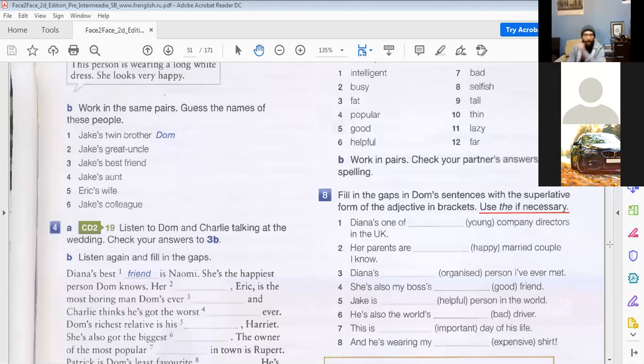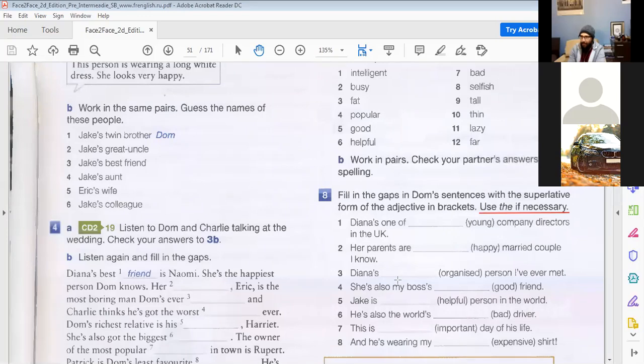Samiha, what is it? Also, if there is a possessive pronoun, my or our. That's right. You mean a possessive adjective, correct? If there's a possessive adjective, we don't use it. All right, that's correct.